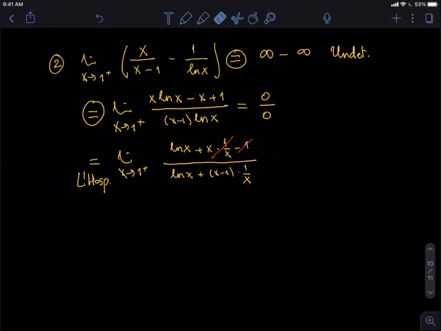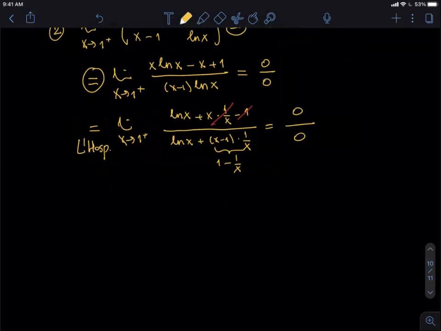I'm going to just erase it so that we have less clutter around. And the denominator, I'm going to write it as 1 minus 1 over x. Okay, so I have 0 divided by 0. Okay, so one more L'Hopital.